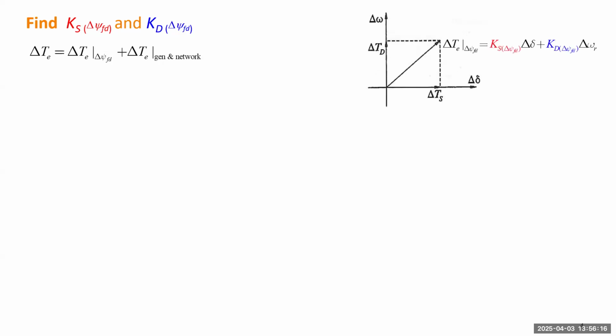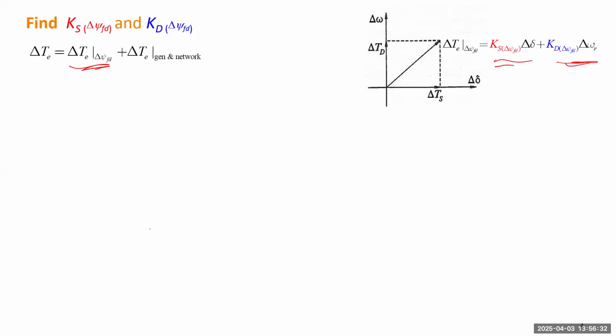So let's figure out how to determine the effect from an excitation system. An excitation system mainly determines two coefficients, right? Ks depends on the change of the excitation, which is the flux linkage of the field winding, and Kd depends on the change of the field winding. If we draw the first component, only the electric torque depends on the change of the flux linkage in the field winding, so it will have two components.